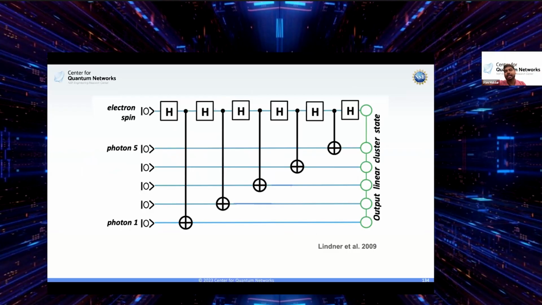So you get that linear cluster state structure that you wanted. By repeatedly throwing this pi pulse onto the emitter, every time a new photon comes out, it's entangled to the other photons and the emitter itself.